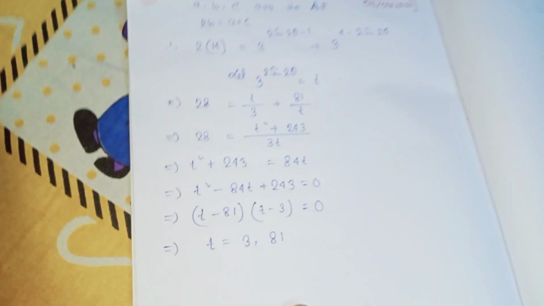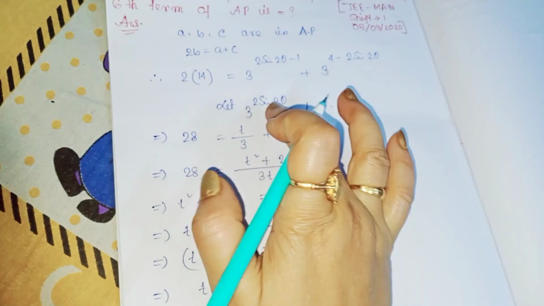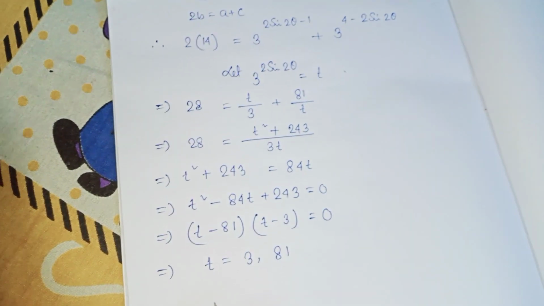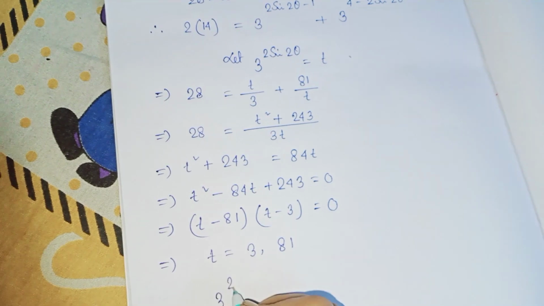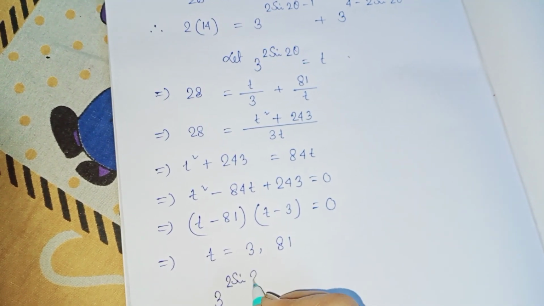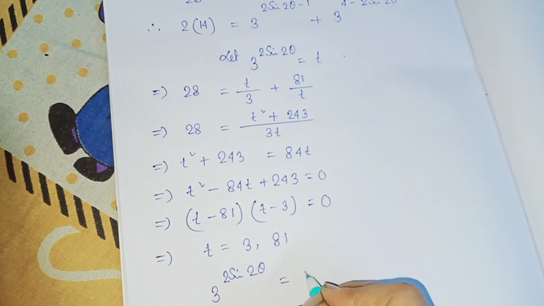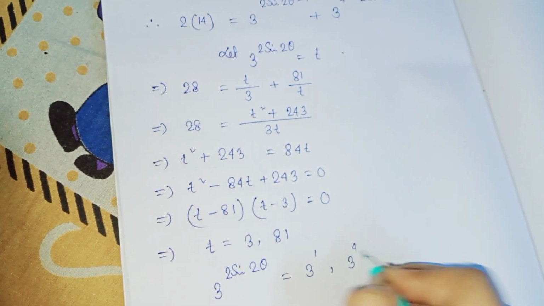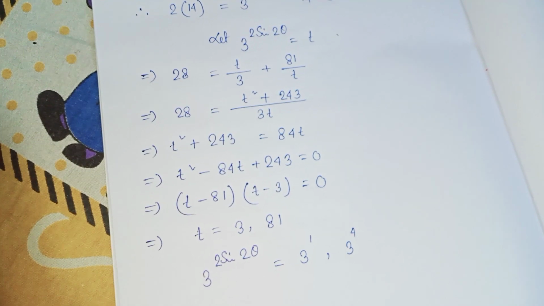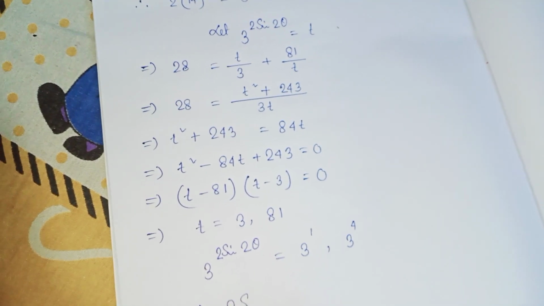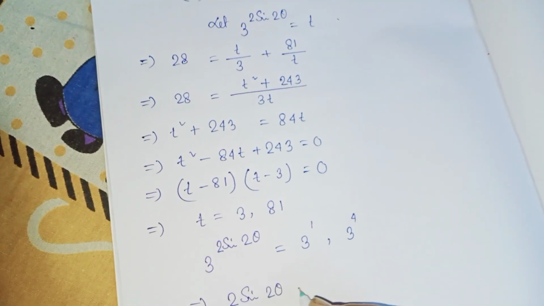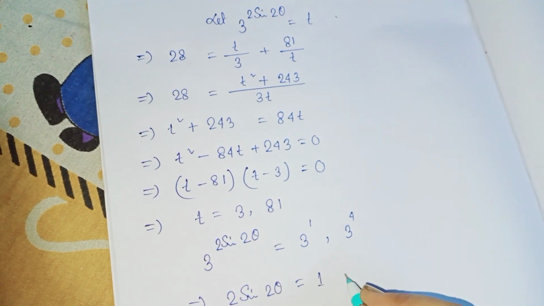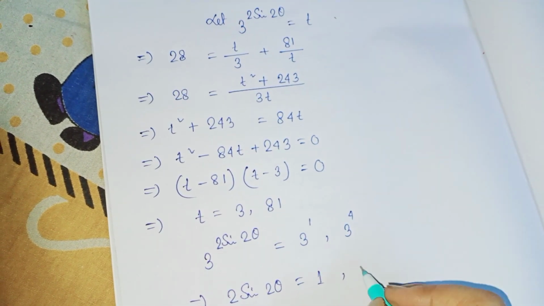We know t is equal to 3^(2 sin 2θ). So 3^(2 sin 2θ) is equal to 3^1 or 3^4. Therefore 2 sin 2θ is equal to 1 or 4.